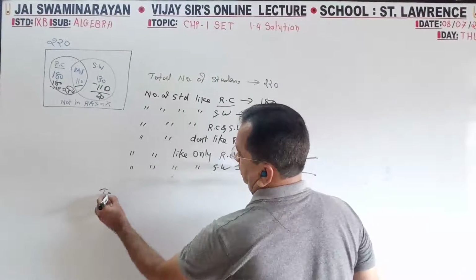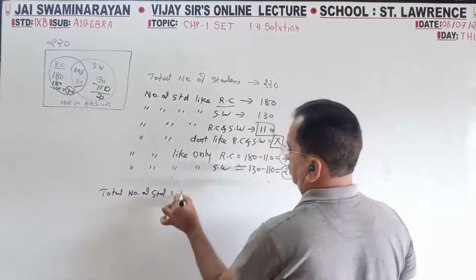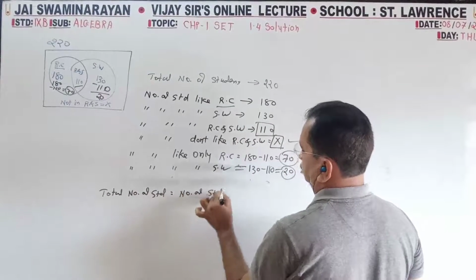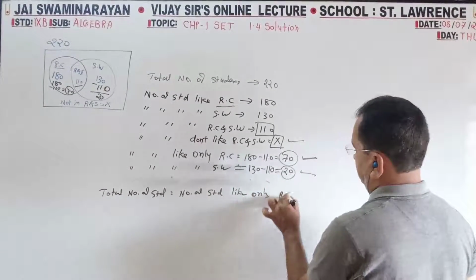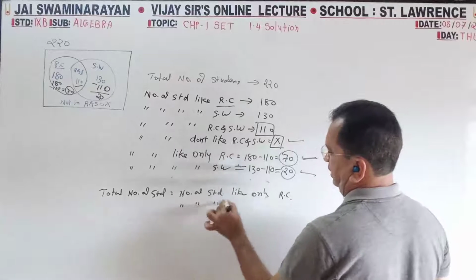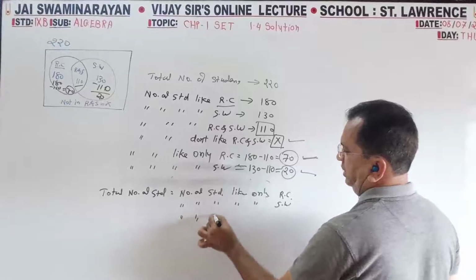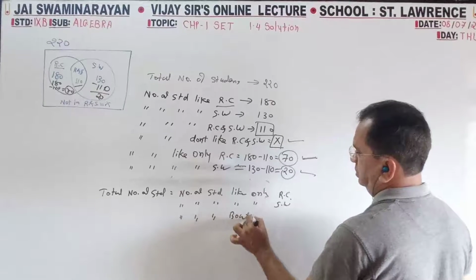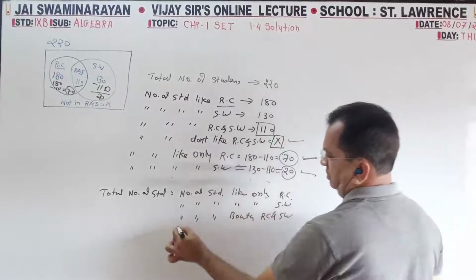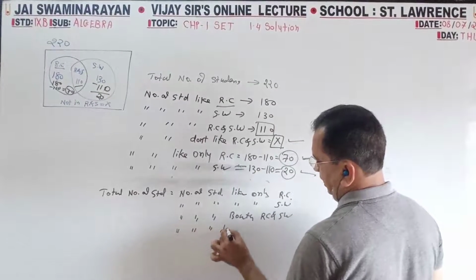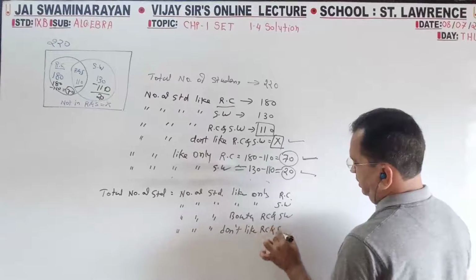So total students is equal to number of students who like only RC, number of students who like only sky watching, number of students who like both RC and SW, number of students who don't like RC and SW.